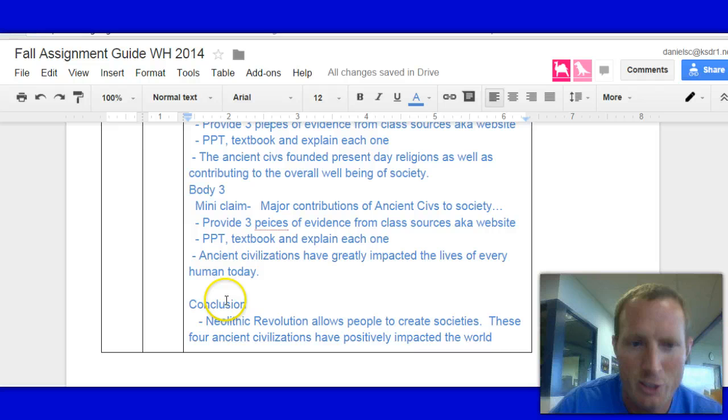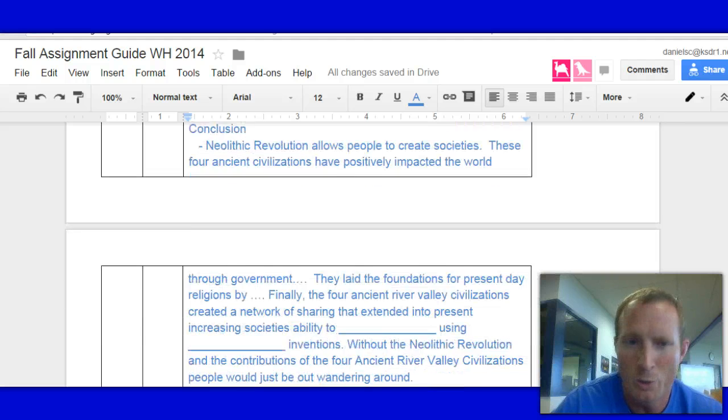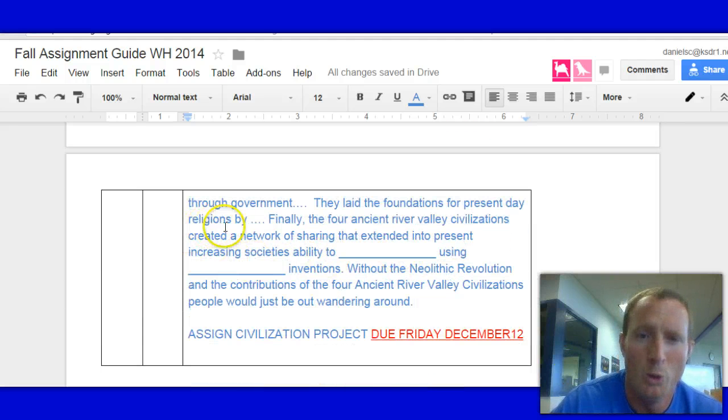Finally, you transition into your conclusion, and it should read something like, the Neolithic Revolution allows people to create societies. These 4 ancient civilizations have positively impacted the world, at which point you should include how they shaped present-day society through government and how they did that. They laid the foundations for present-day religions by how did they change religion.